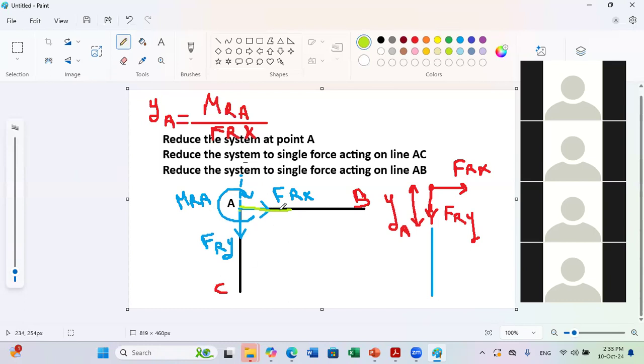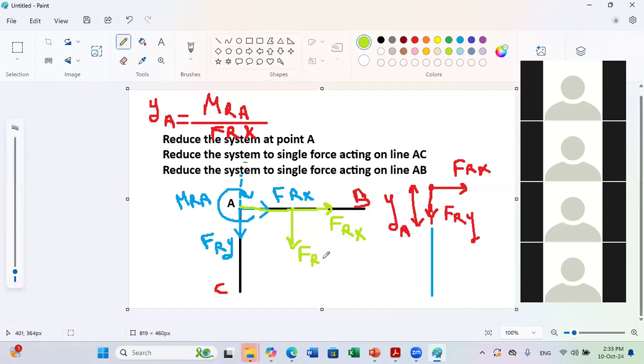If I move my force to the right, my FRY is producing a clockwise moment, and this is what I want. So when I displace my force on AB, FRX is not doing any moment now. The only force that will do moment when I displace my force along AB is just FRY.